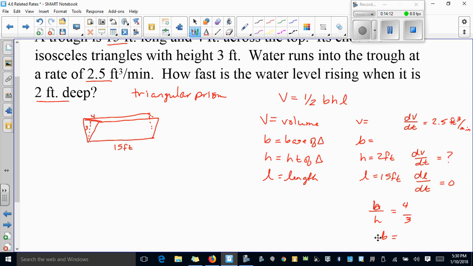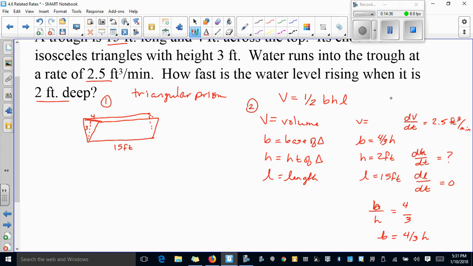So picture, we have our things in there. We assigned our variables. Step 4, assigning values to our variables. So step 3 is what function are we going to use? So V equals 1/2 base times height times length. And we need to plug in values that we can plug in.